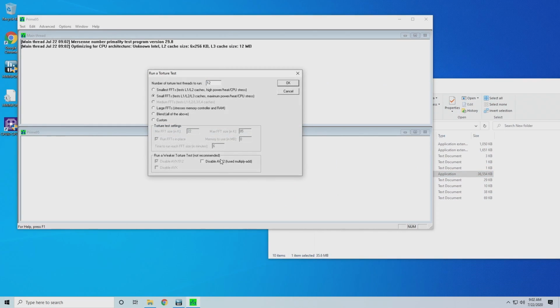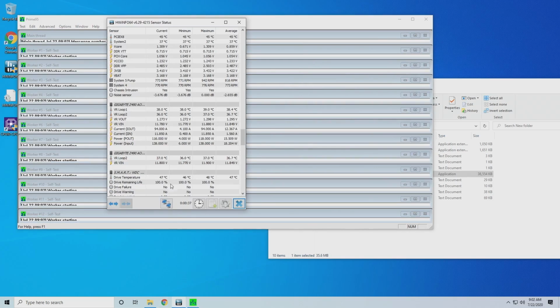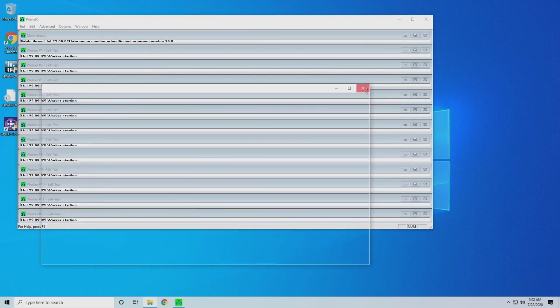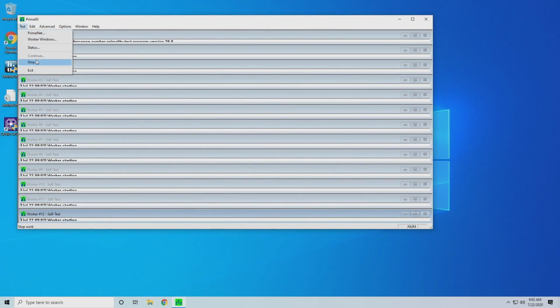Okay, let's fire up Prime and it's probably going to crash. See what it does under load. So we got 1.27 under load, so that hasn't really changed. 1.309, so yep, we're exactly the same under load. Okay, so let's try again with 5.1.